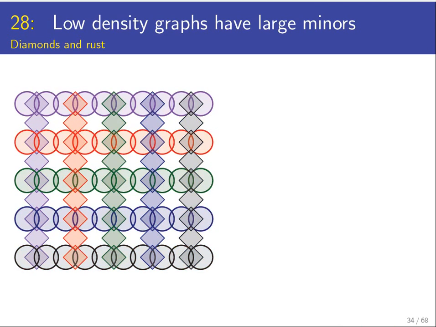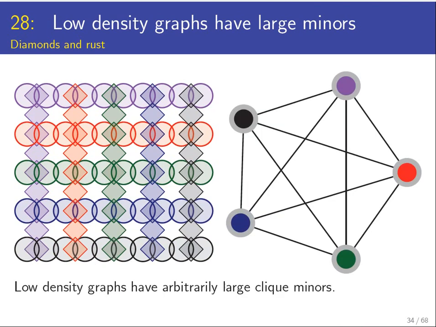And if we do it for every row and column, we get those 5 geometric shapes where the intersection graph is a clique of size 5. Now, of course, if you look at the original set of objects, its density is a constant, and 5 here is completely arbitrary, right? So I can construct an arbitrarily large clique by just building a bigger and bigger grid, which is very bad news, right?